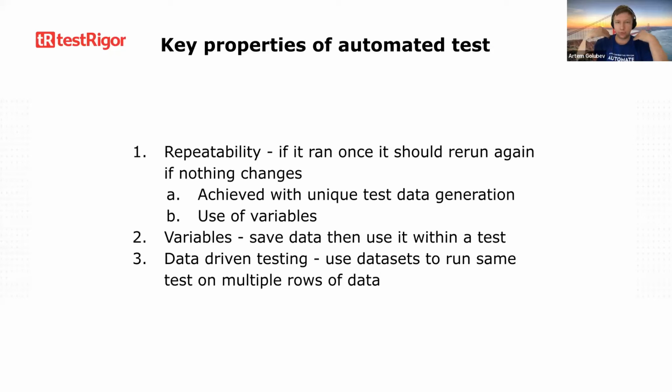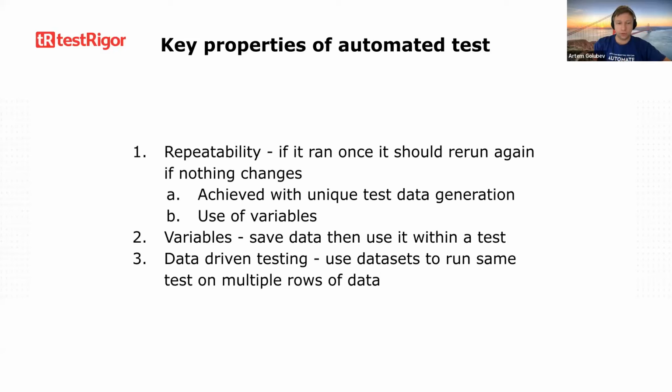You should not produce so-called false positives, where your test will fail whereas there is actually no issue going on. You must make sure that if there are no changes in the product and your test ran once, then the same test needs to be able to run multiple times. You should be able to run it second time, third time, fourth time, and so on and so forth.